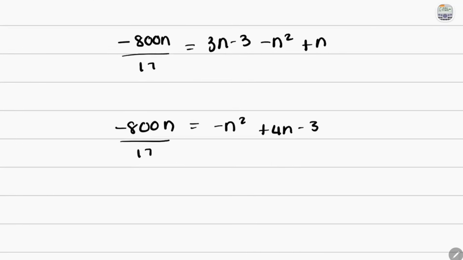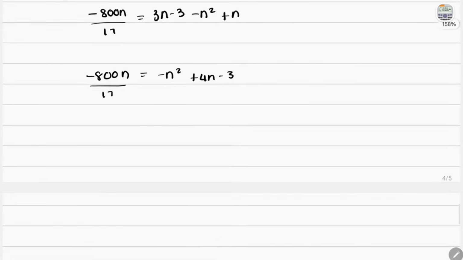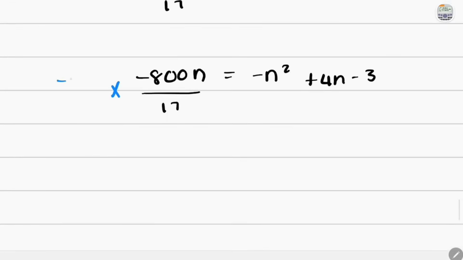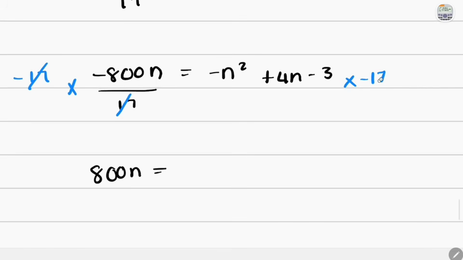Okay, and then at this point I'm just going to multiply. So we can multiply both hand sides by 17 or negative 17, that's fine. So multiply by negative 17 and it cancels out this 17. And because negative times negative is positive, this stays 800n is equal to, and you're multiplying by something with more than one term, meaning we're going to use brackets here.